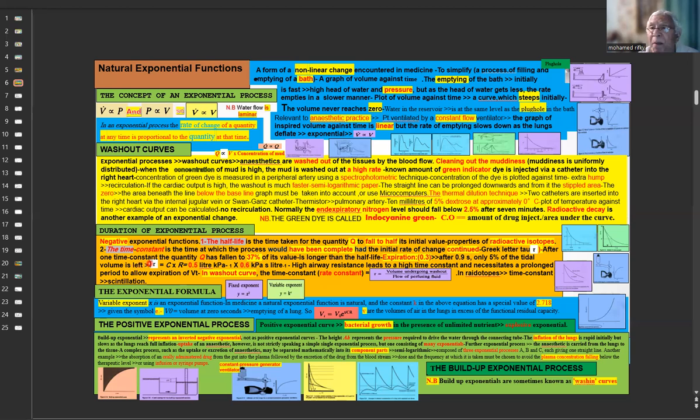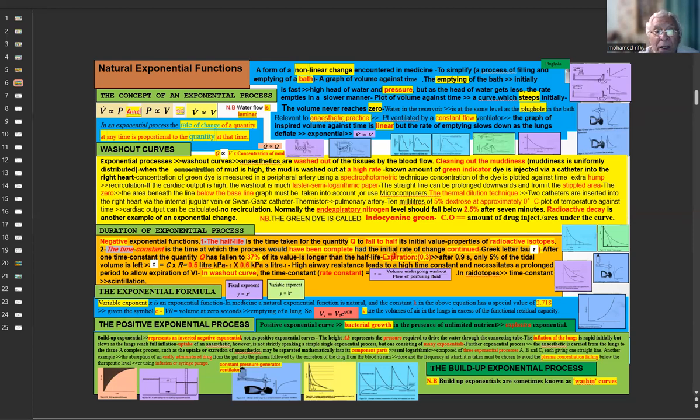So we can estimate tau by multiplying the compliance by the resistance. We know that the compliance is half a liter per kilopascal, and the resistance is around 0.6 kilopascal per liter per second. If we multiply them together, we reach the time constant.